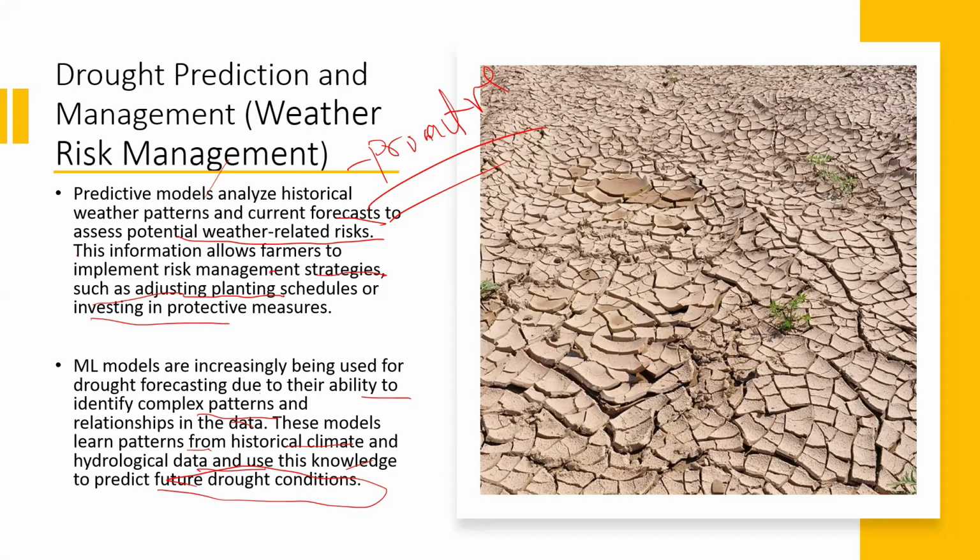So if you have information ahead of time, you can plan, prevent disaster, and hopefully take full advantage of this kind of unique capability of machine learning and artificial intelligence, as the case may be.